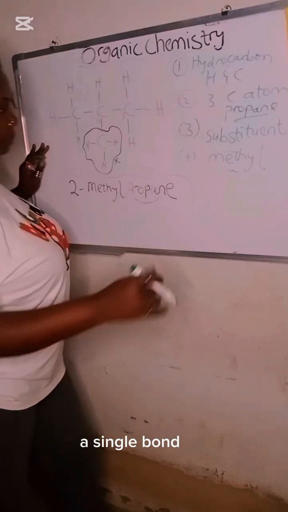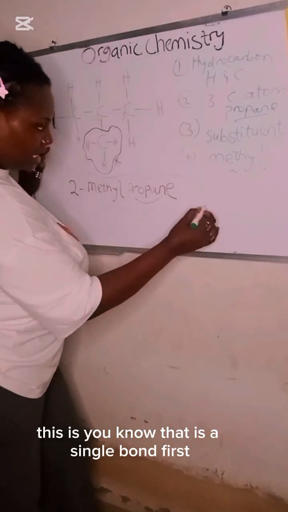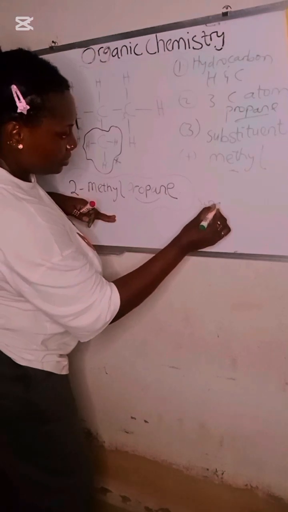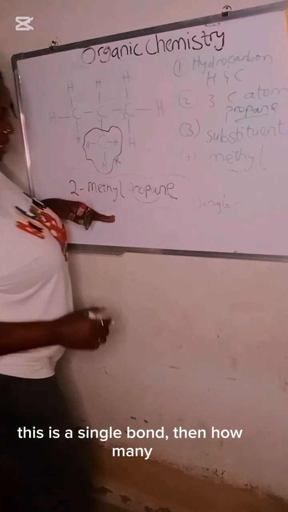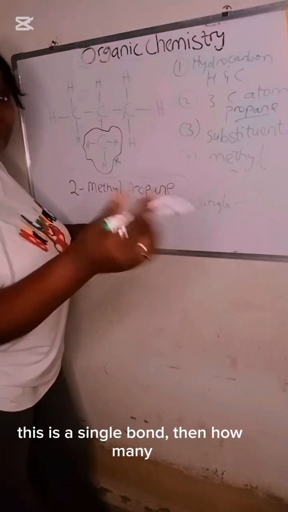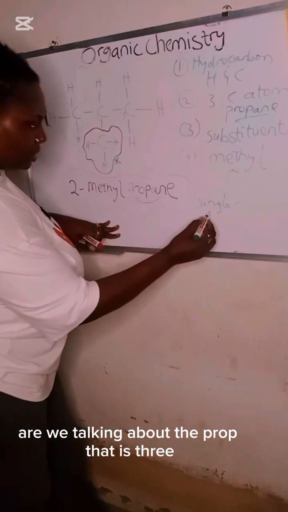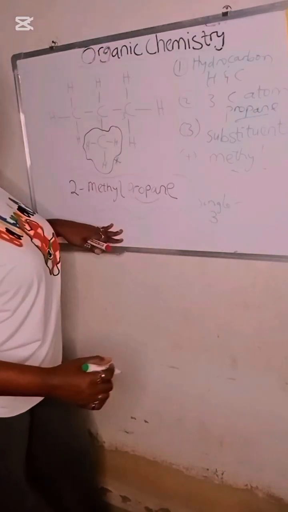You know that it's a single bond first. This is a single bond. Then how many carbon atoms are we talking about? The prop, that is 3 carbon atoms.